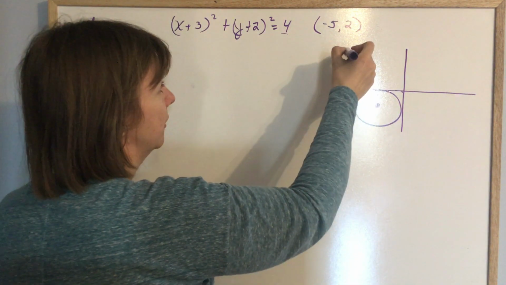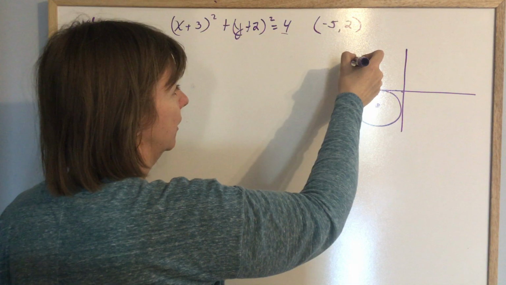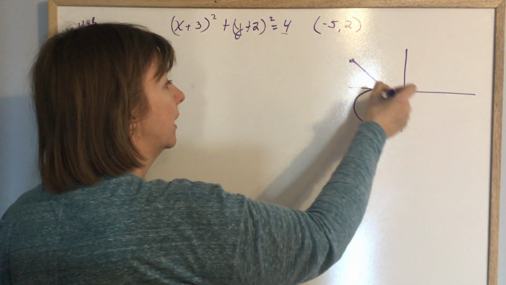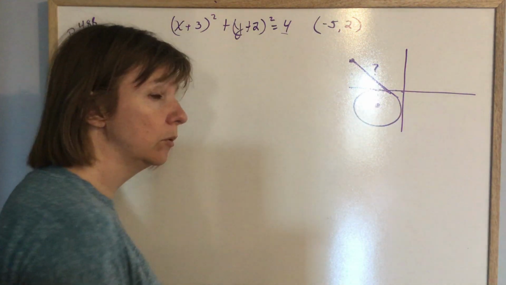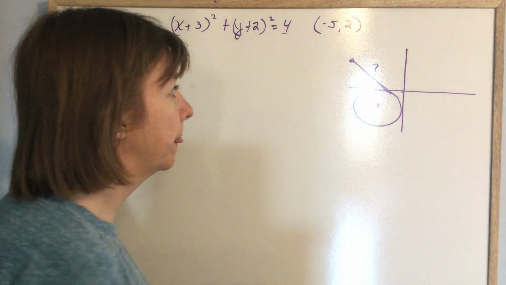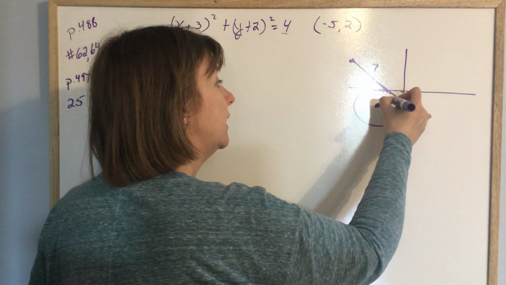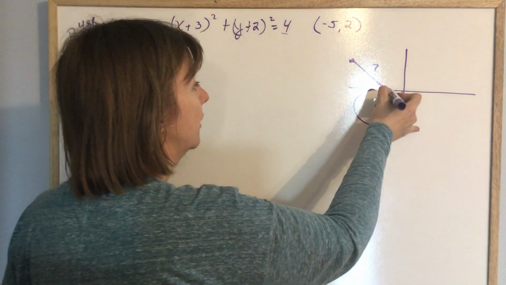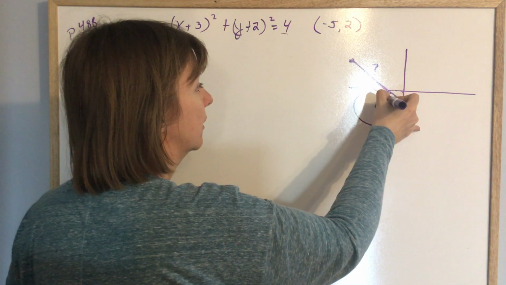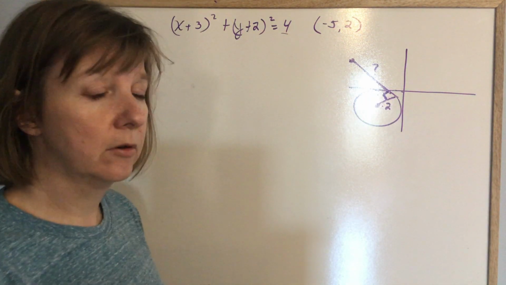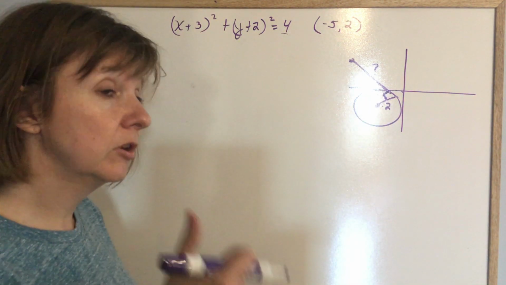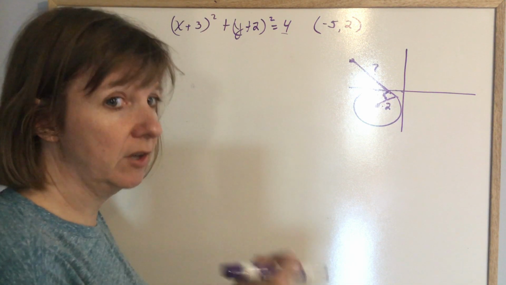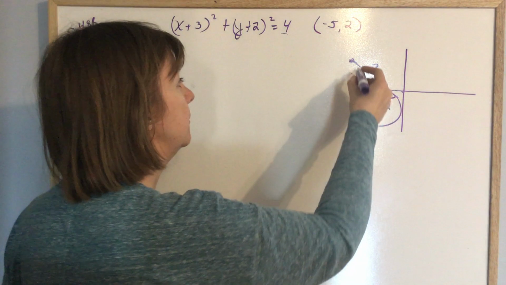So if from this point I draw a line to a point of tangency, how long would that line be? So I know that the radius is 2. And I know that these 2 lines are perpendicular to one another, because a tangent line and a radius are always perpendicular to one another at their point of tangency, the point at which they meet.